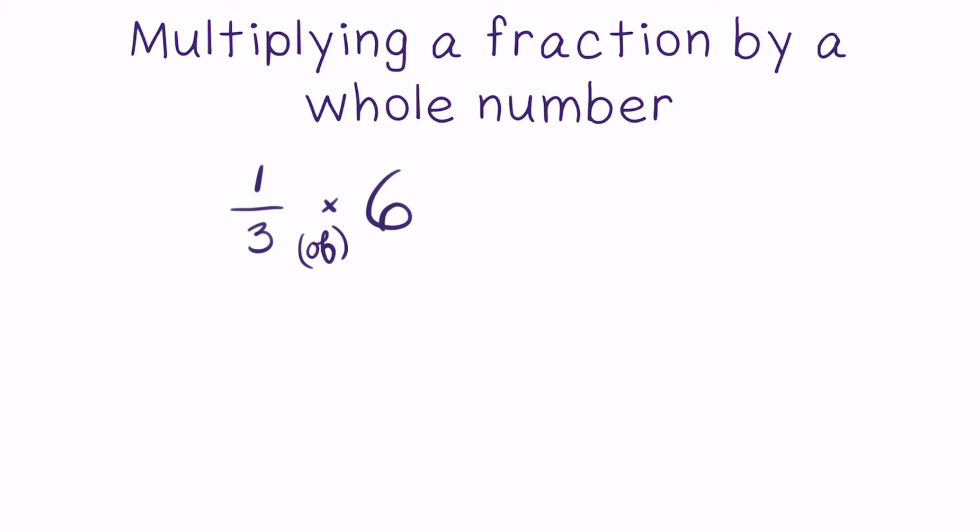The best way to think of this logically is to start by thinking about those 6 wholes. If you have 6 of something and you have to split it into 3 parts, one of those 3 parts is going to represent 1/3 of 6, or 1/3 times 6.